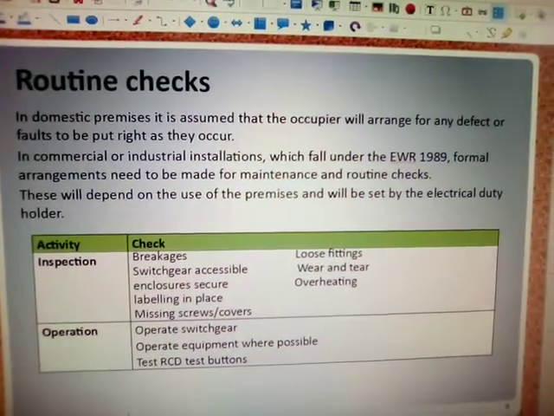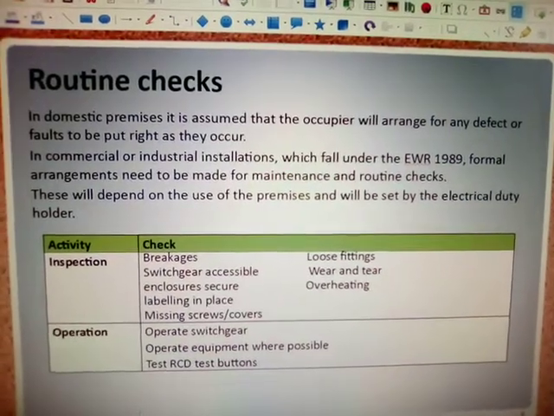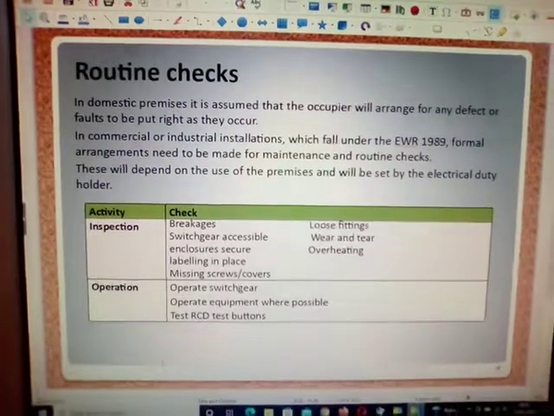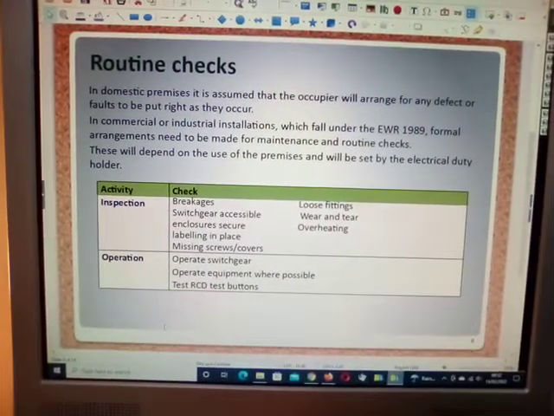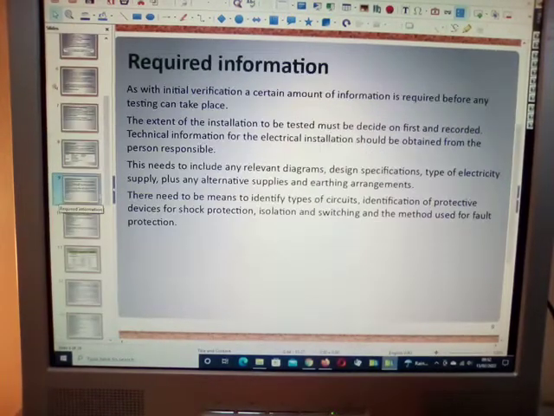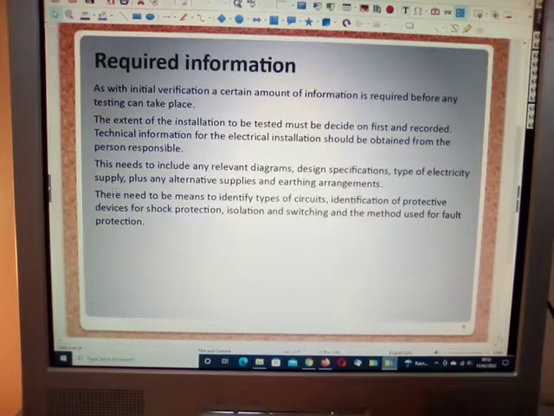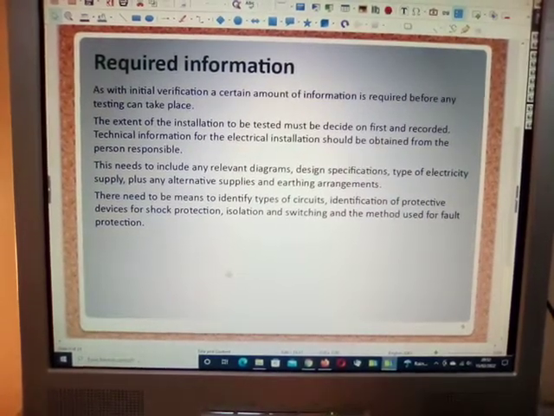Routine checks. And required information.